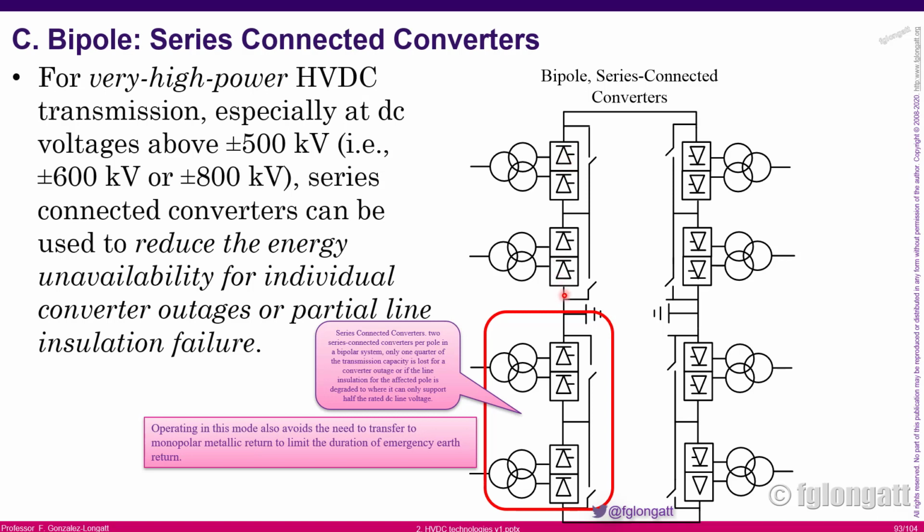The idea is that by increasing the number of bridges or converters in series, we are adding voltage, okay? And that is the reason for using this configuration over here, that we are duplicating the voltage.